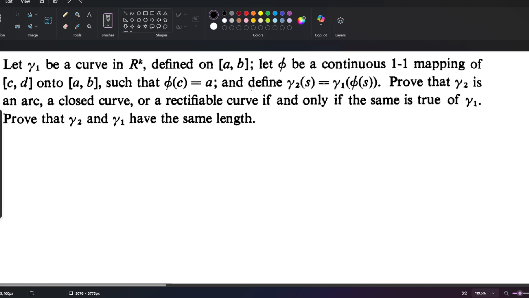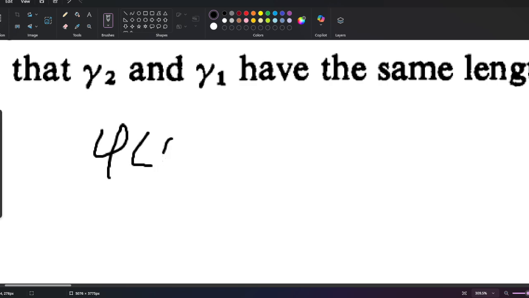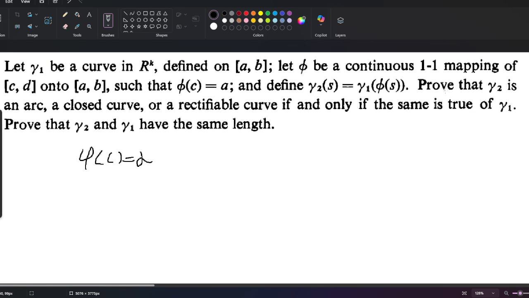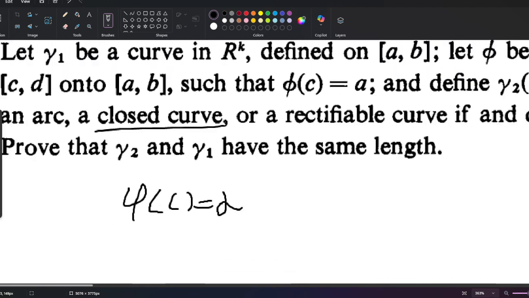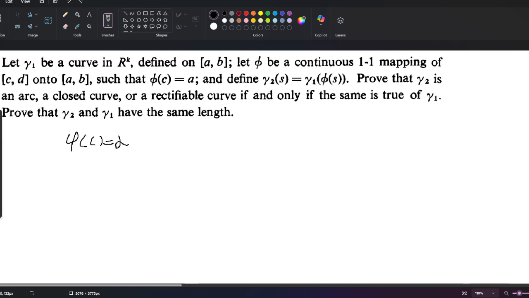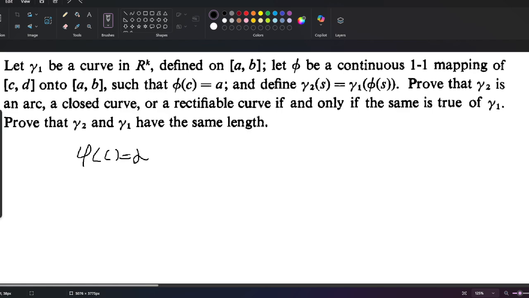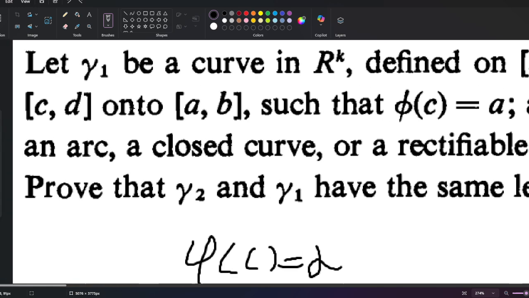Alright, so how do we begin? Well, first of all, it is important to review the function phi. We know that phi of C is equal to A, and for this proof, we need to show that phi of D is equal to B. But how do we do that? Well, phi is a one-to-one continuous mapping and also onto.